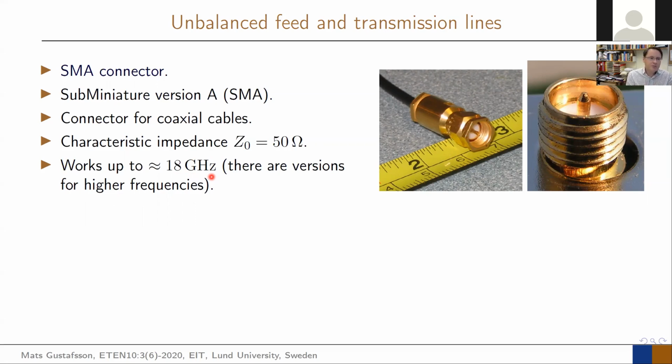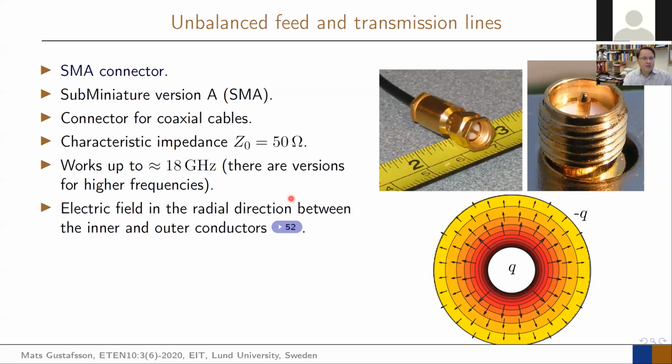Many things happen there, but there are versions of these connectors for almost any frequency range you would like, at least up to 100 gigahertz approximately. They start to be incredibly expensive. In the lab, when you use this, you will also learn that these are quite sensitive, so you have to be rather careful when you connect them to your antenna. So it's a sensitive, and in some cases, especially at higher frequencies, rather expensive device.